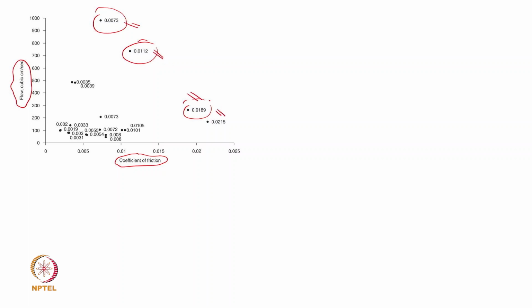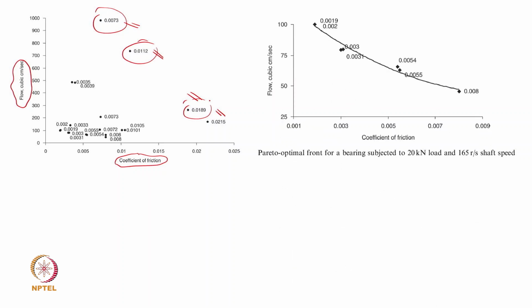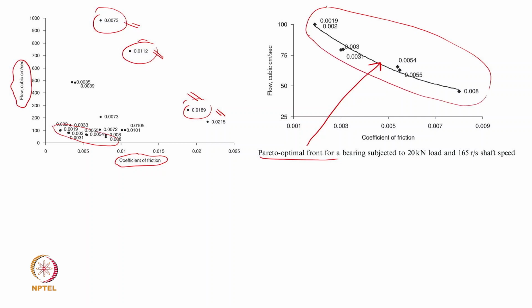These are all inferior solutions. Now if we separate, we know that in this zone only we are getting superior solutions. So this is the optimal front. This is what we call the Pareto optimal front. So whatever solutions are coming on this, we need to discuss those solutions.